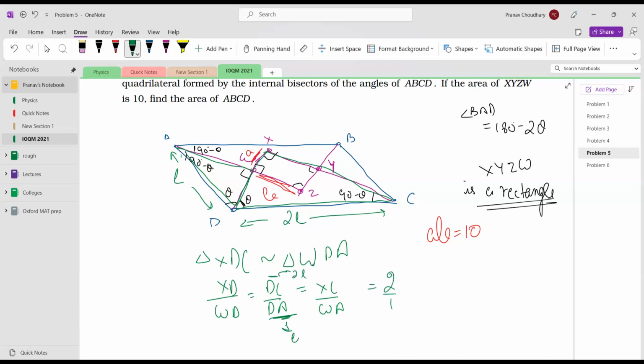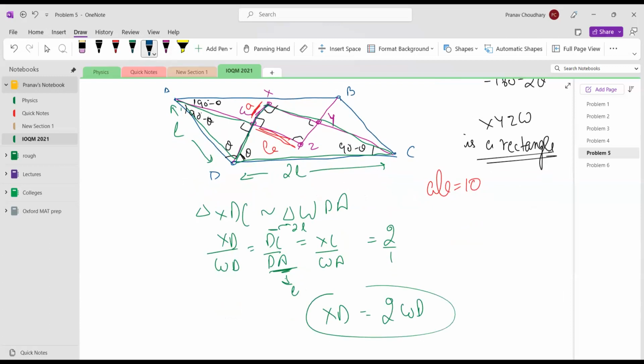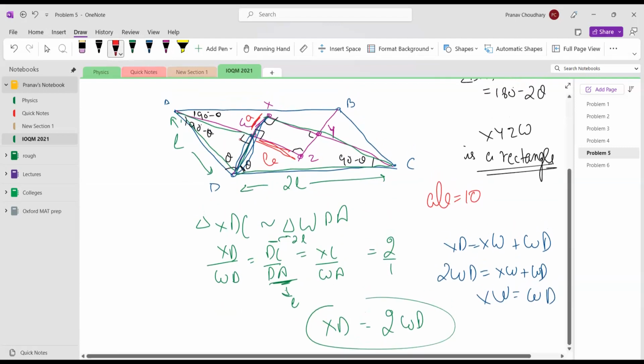This ratio is 2 by 1. So XD equals 2 times WD, and you can write XD as XW plus WD. So twice WD equals XW plus WD, which means XW equals WD. So this length is also A.